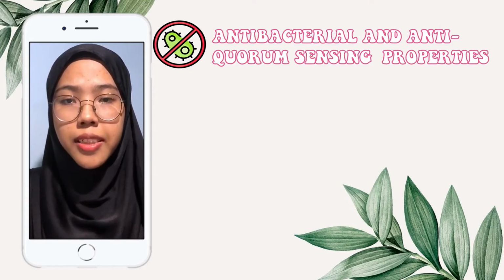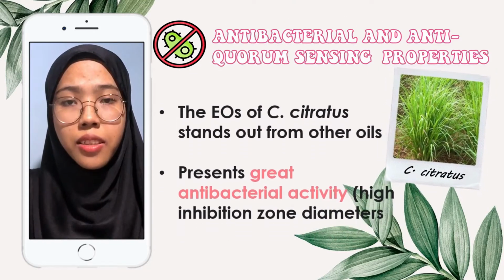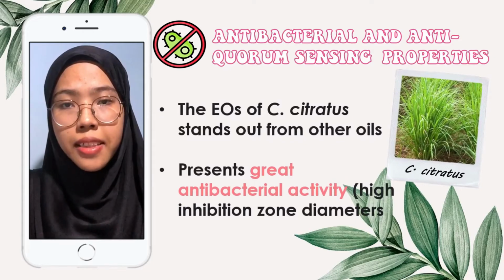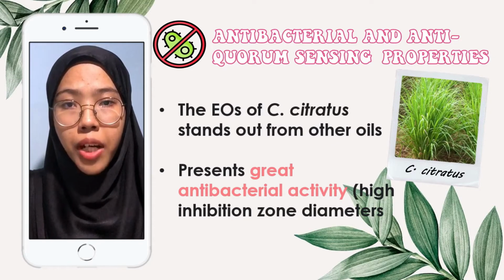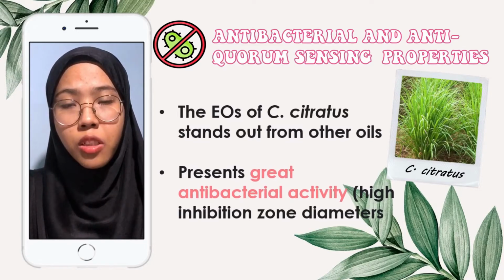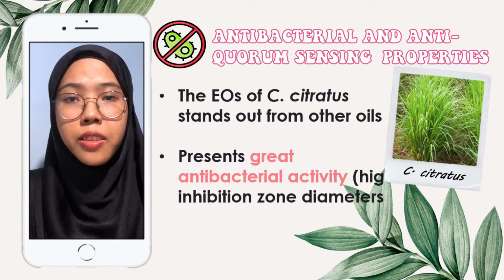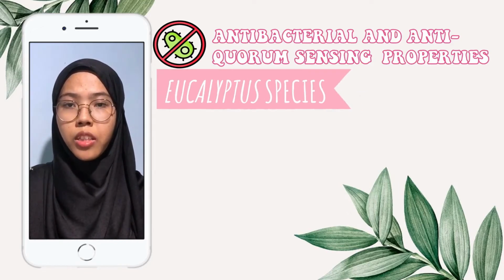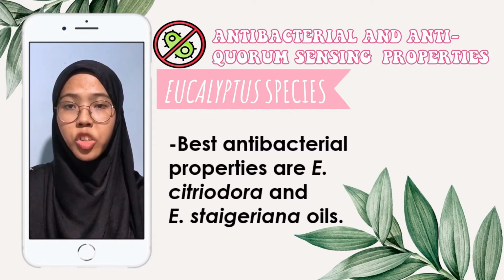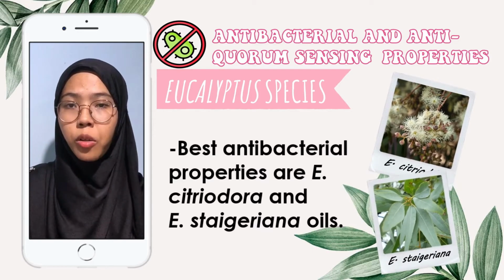From the result, the essential oil of C. citratus stands out from the other oils since it presents great antibacterial activity. It is demonstrated by the high inhibition zone diameters, which was verified through the bacterial strains tested. Among eucalyptus species, those with the best antibacterial properties are E. citriodora and E. staigeriana oils.